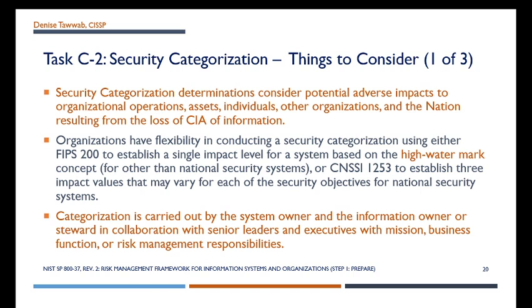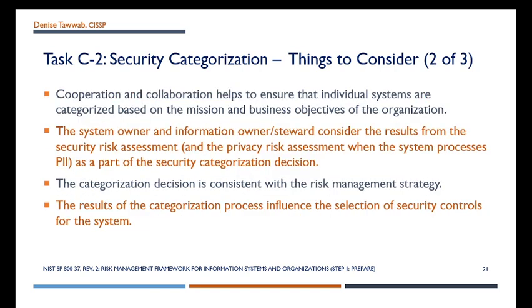Categorization is carried out by the system owner and the information owner in collaboration with senior leaders and executives with mission, business function, or risk management responsibilities. So a lot of people may or may not weigh in, but definitely your system owner and your information owner will be involved. Cooperation and collaboration will help you ensure that individual systems are categorized based on the business objectives of the organization.